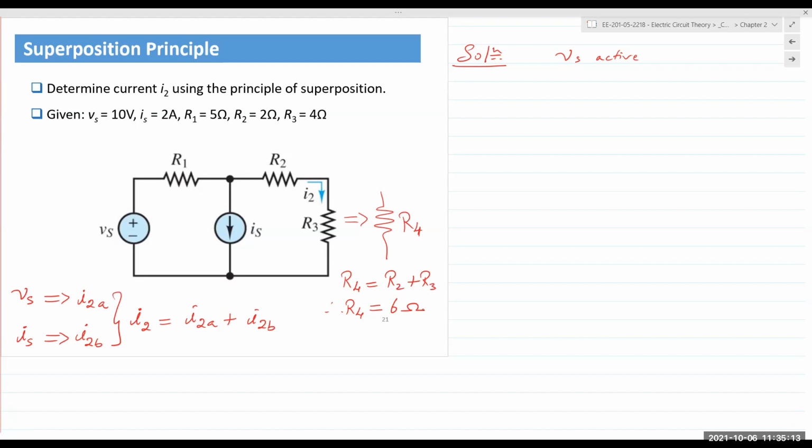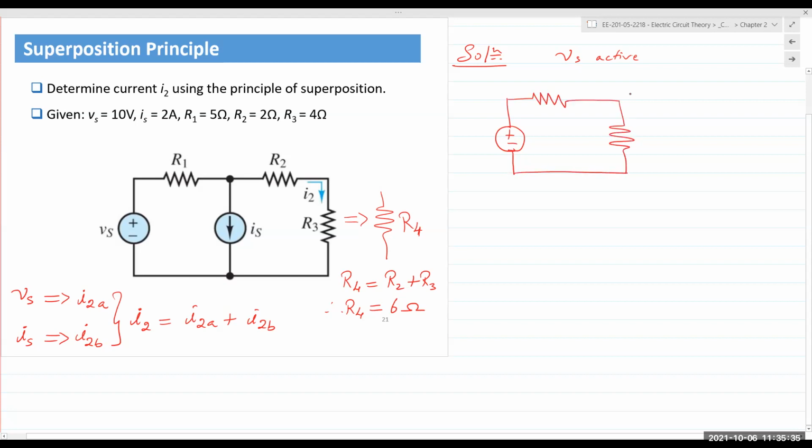Now, VS is active. IS, the current source, is reduced to 0, which means it's removed from the circuit, an open circuit. What do we have? We have a voltage source, and you only have two resistors in the circuit.